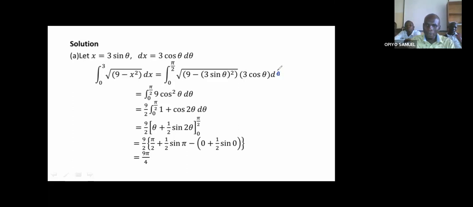Now, when we open this bracket, we are going to get 9 minus 9 sine squared theta. And when we factor out 9, we remain with 1 minus sine squared theta.